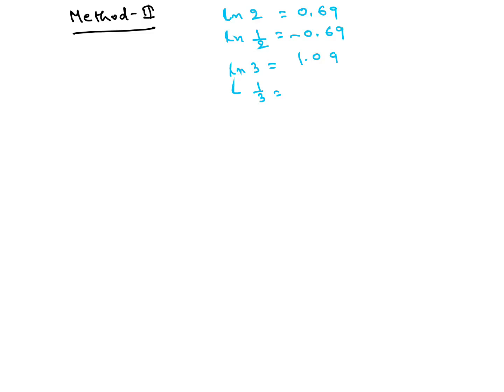So here P1 V1 to the power n equal to P2 V2 to the power n. P2 equal to P1 by 2 and V2 equal to 3 V1.